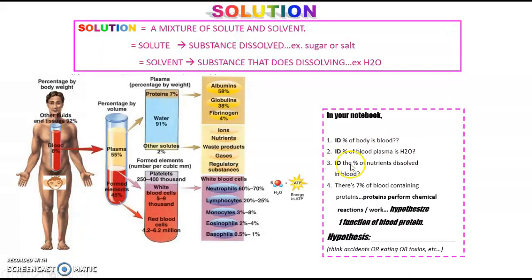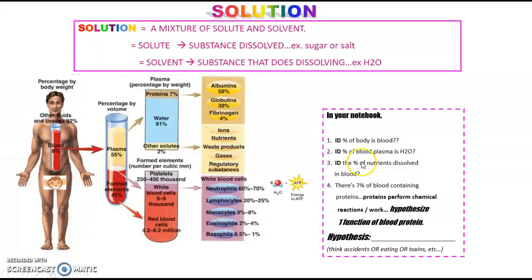It says identify the percent of nutrients dissolved in the blood. So this category right here includes nutrients. So in this whole section, you've got to go in reverse. Here's the nutrients in this category, and you go backwards, and the percent it shows is right here, 2%.